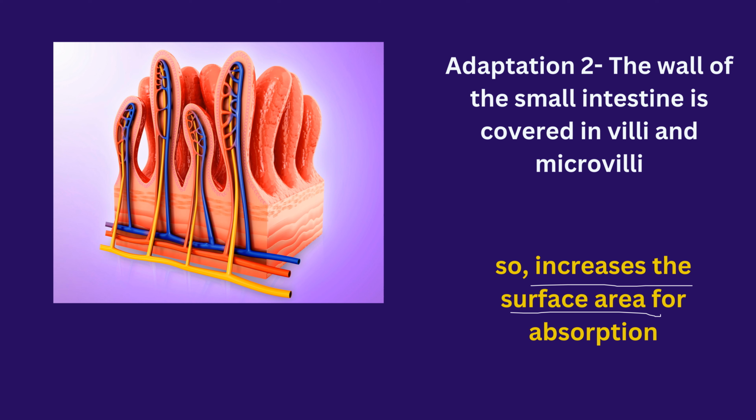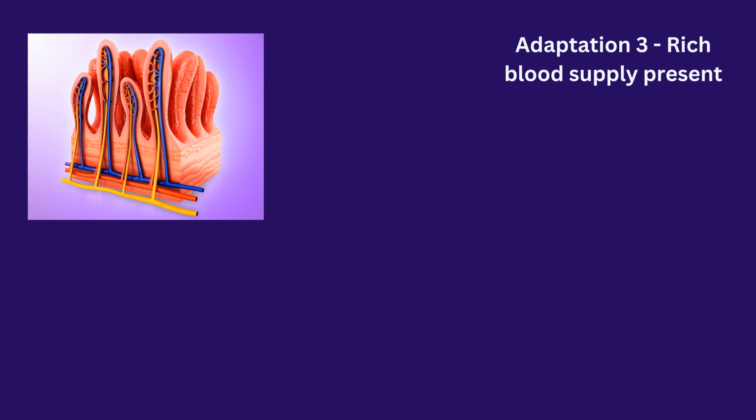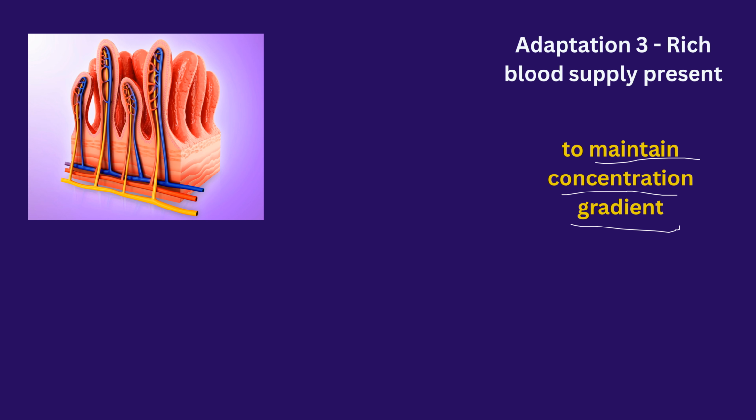Third adaptation is that there is a rich supply of blood. If you look at the diagram to your left, you'll notice that there are blood vessels in the villi. And this allows for a concentration gradient to be maintained. What do I mean by that? So say, for example, this is your small intestine. The nutrients are found in the small intestine. Right? Let us draw about 4 glucose molecules. And then outside here represents the blood.